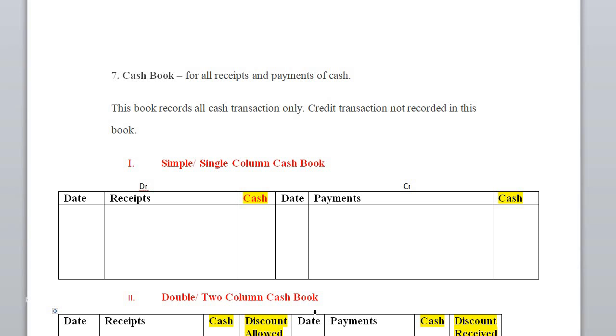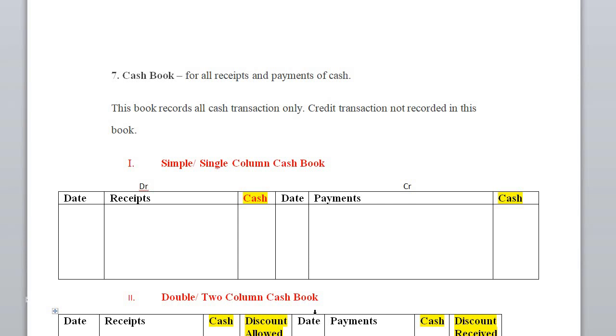On the debit side, we are going to record all the cash receipts. On the credit side, we are going to record all the cash payments. In this book, we are not going to record any credit transaction. The credit transactions are ignored in this book. We are going to record only the cash transactions in this book.